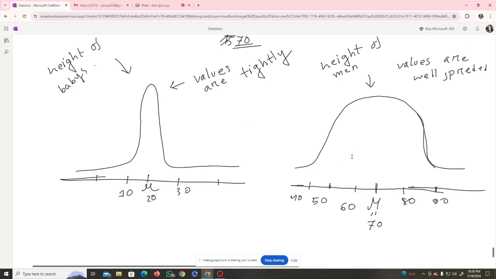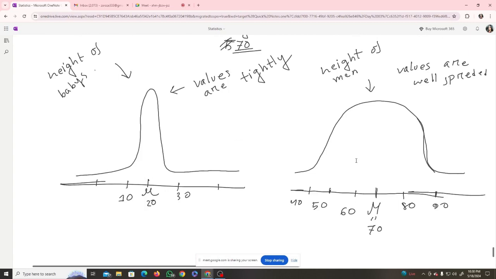So you can see that we may have men who have a wide range of height, right? There are men with 50 inches of height. There are men who have a height of 80 inches. But will you see a kid who has 40 inches of height? It is not common, right? So in this case, most of the kids will have height around 20 inches. So the probability of kids having a height of 20 inches is higher.